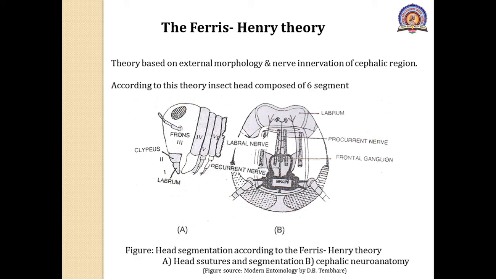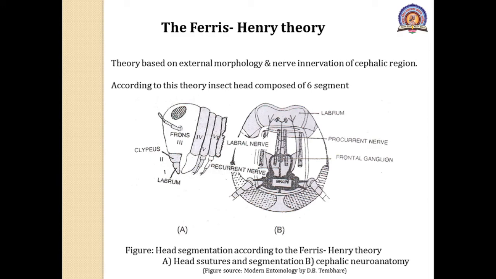I have already mentioned the annelid has a metameric segmented body plan, and each segment bears a pair of ganglia, and the nerves which arise from the ganglion innervate the organs which are located in the same segment. So the same fact is explained by Henry also here in this theory.